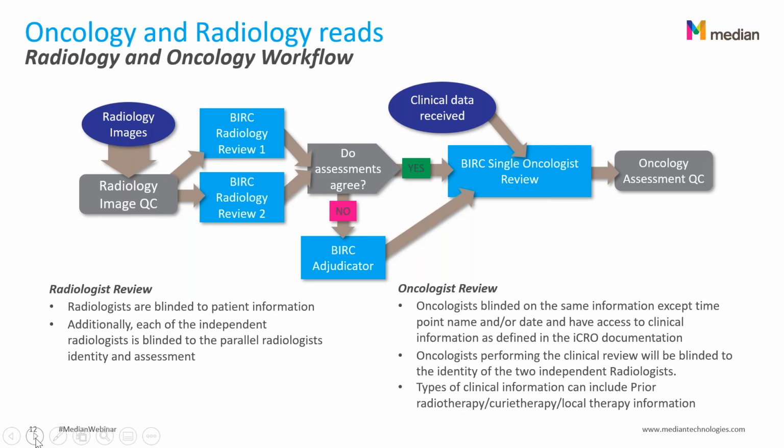The adjudicator would review the images and their assessments and would then confirm whether they endorse reader 1 or reader 2. Once the endorsement is complete, the radiology portion would be completed at that point. If both radiology readers did agree on their assessments, an adjudicator would not be needed, and it would be QC'd, and the radiology read would then also be completed.